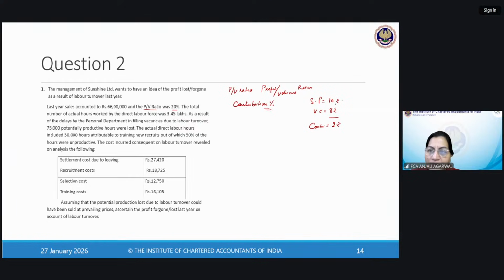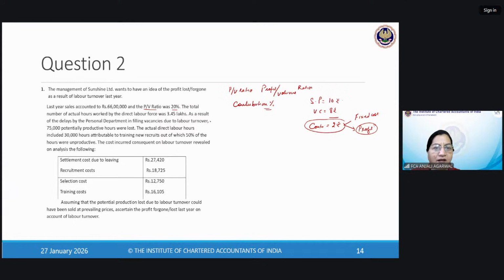That means out of every 10, 8 rupees will always go as an expense and what will be left is 2 rupees, which will contribute to recover your fixed costs. And if after recovering fixed cost anything is left, that will contribute to profit. So the contribution percentage or the PV ratio is 20%, which means out of 66 lakh, 20% is what you are left with to recover the fixed cost and balance profit.